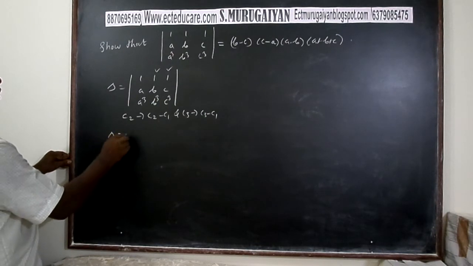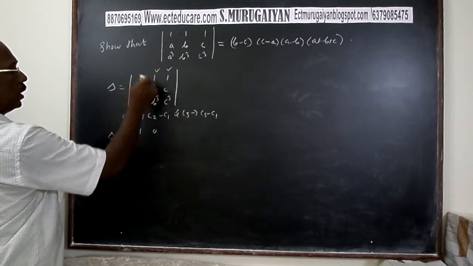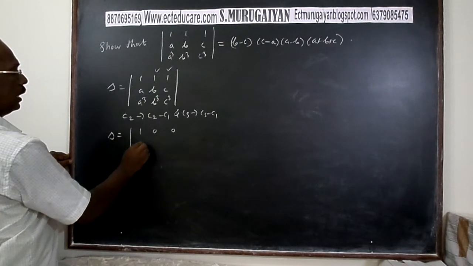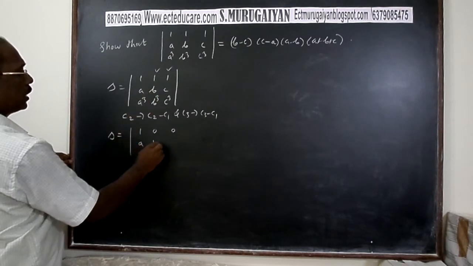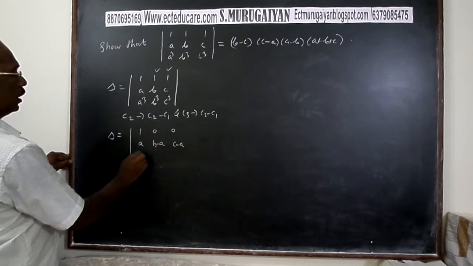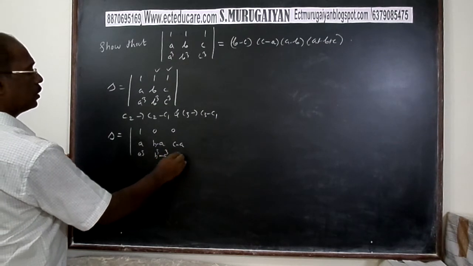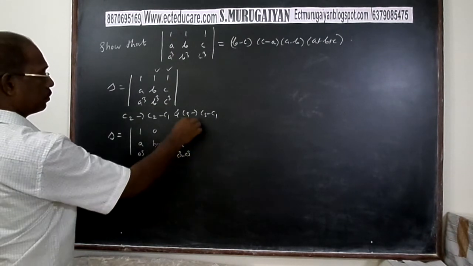Then delta equals 1, 1 minus 1 which is 0, 1 minus 1 which is 0; A, B minus A, C minus A; and A cube, B cube minus A cube, C cube minus A cube.